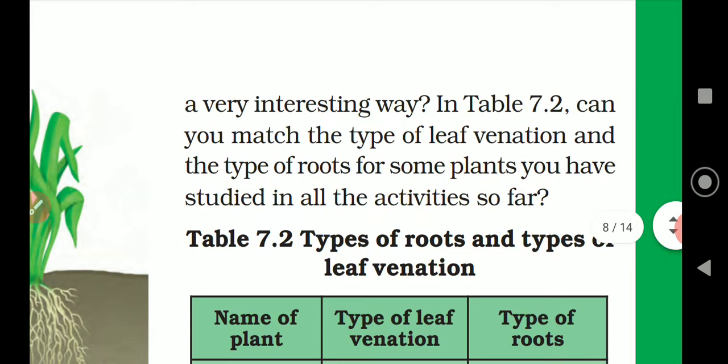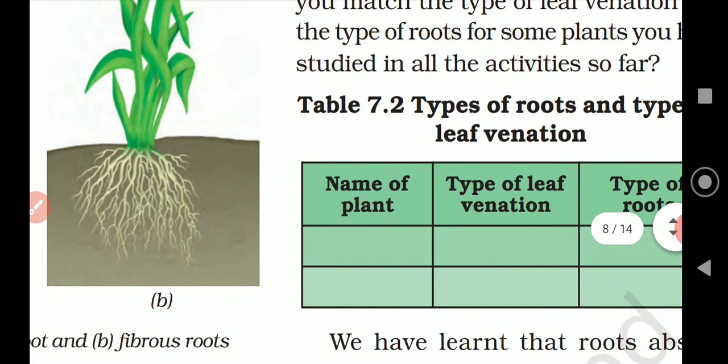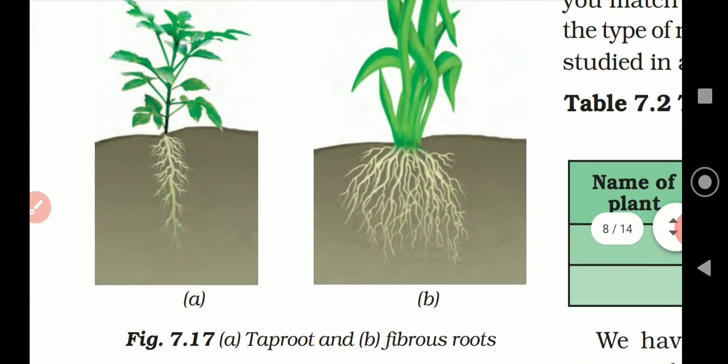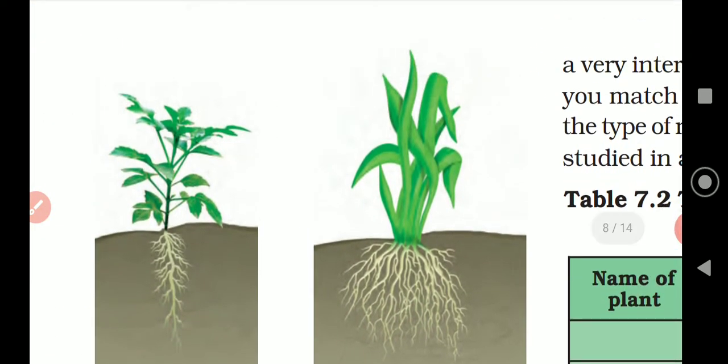In table 7.2, you can match the type of leaf venation and the type of roots of some plants you have studied in all the activities so far. So name of the plant, type of venation and types of roots.